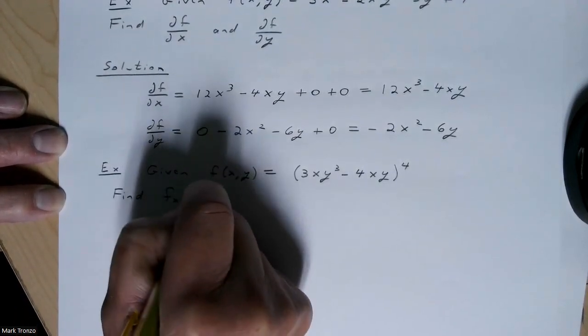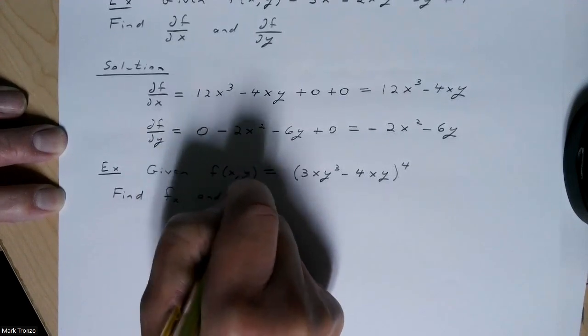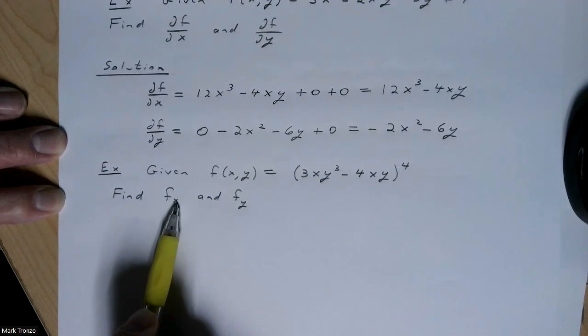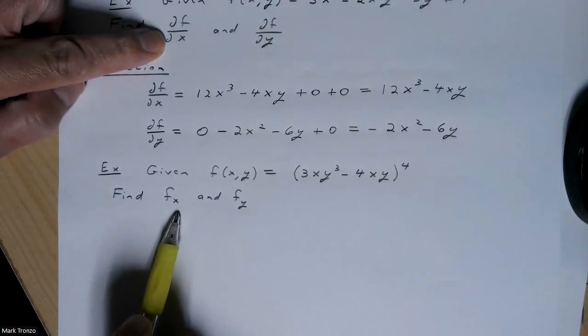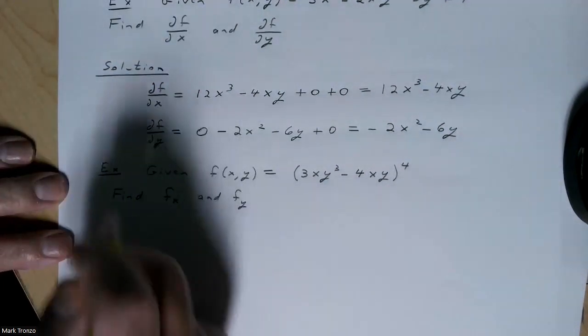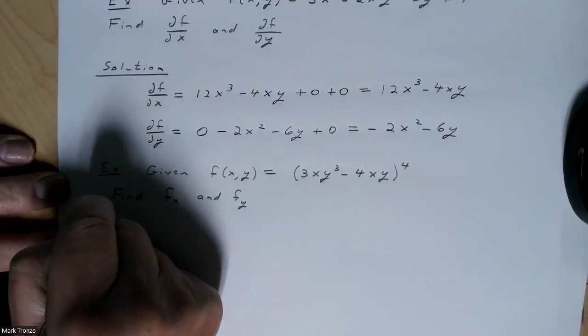Find fx and fy. Remember, this just means the same thing as df dx. This is the same thing as df dy, but I just want to put this down because when you look at books, sometimes you can see either one.